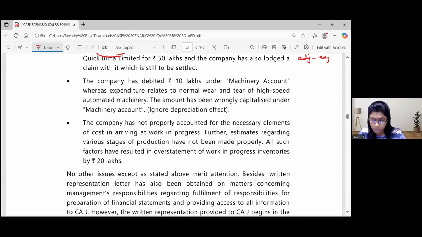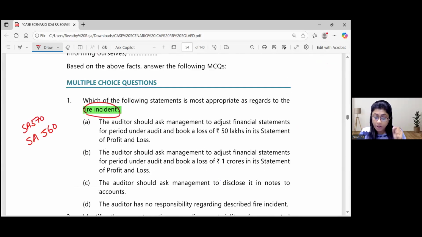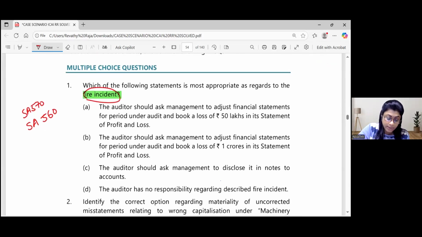Okay. Now, can you go in search of the option? Auditor should ask the management to adjust the FS and book the loss. Should ask the management to adjust the loss. Should ask the management to disclose. Auditor has no responsibility. The answer is correct, C. So here, which is relevant?